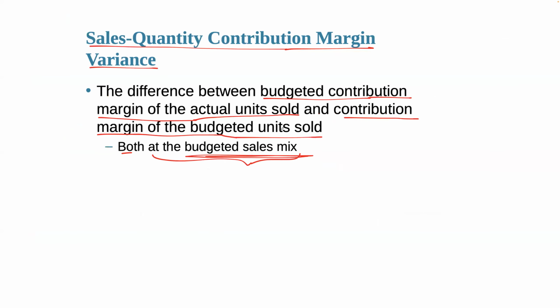Here, the sales quantity variance equals budgeted contribution margin of actual units sold minus contribution margin of budget units sold, right?